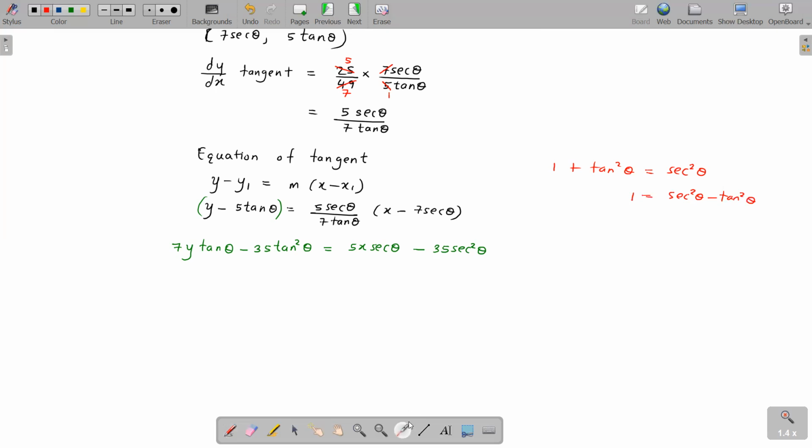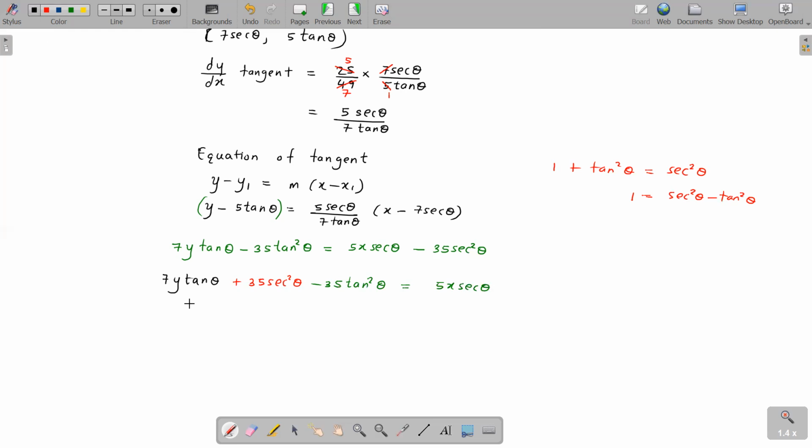So I'll bring the 35 sec square here: 7y tan theta minus 35 sec square comes as plus 35 sec square minus 35 tan square equals 5x sec theta. Is that okay?